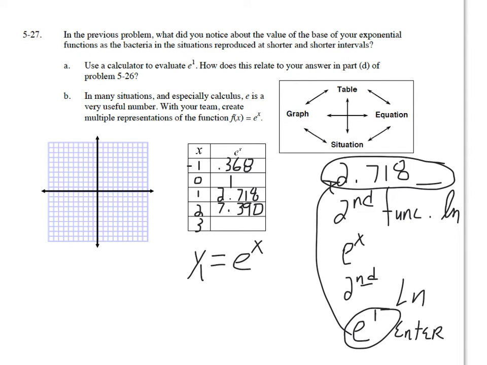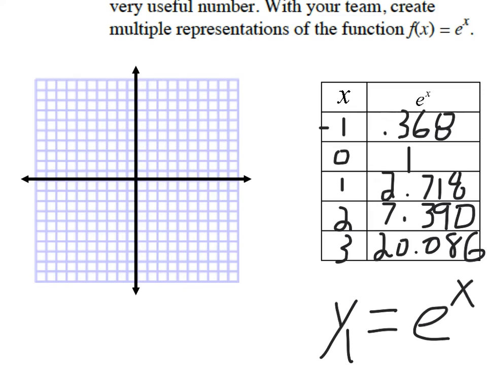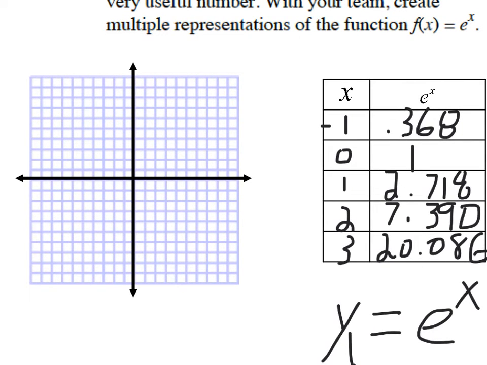And e cubed is 20.086. So if I plot those points over here, at negative 1, and then up 0.368, 0, 1, 1, 2.718 is right in there, 2, 7.39, and then 3 is going to take me off the board.